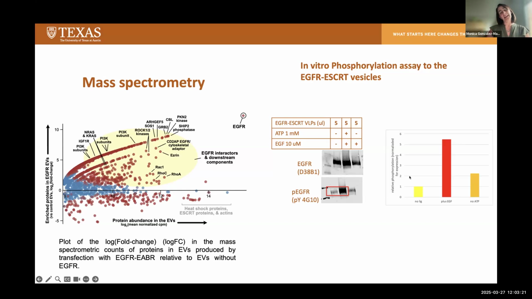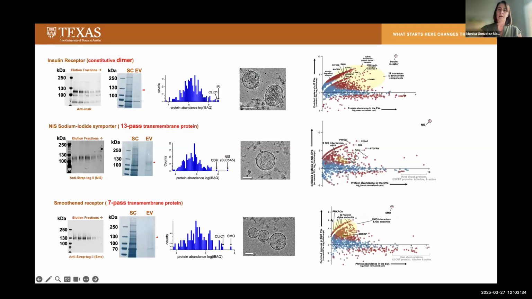Now, I also analyzed whether these vesicles were active in vitro, and the receptor was active. Moreover, we also tested the method of adding the ESCRT sequence into other transmembrane proteins that had more than one pass through the membrane.